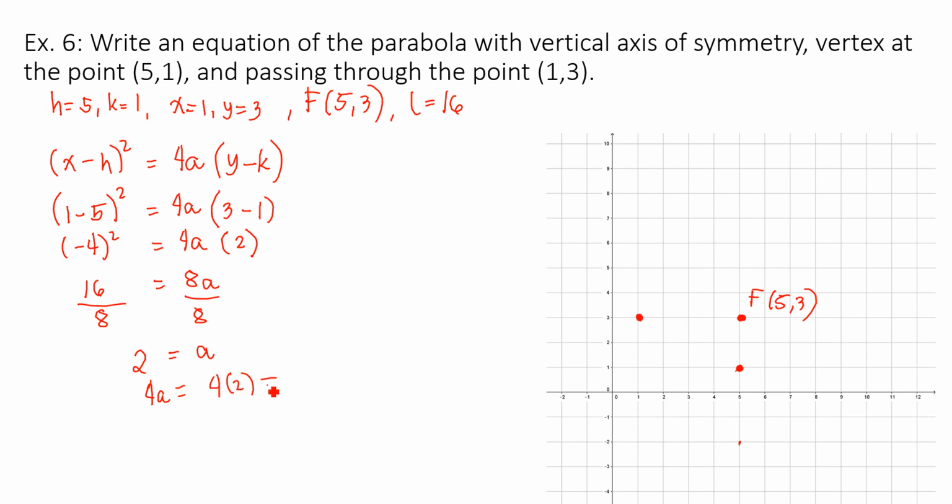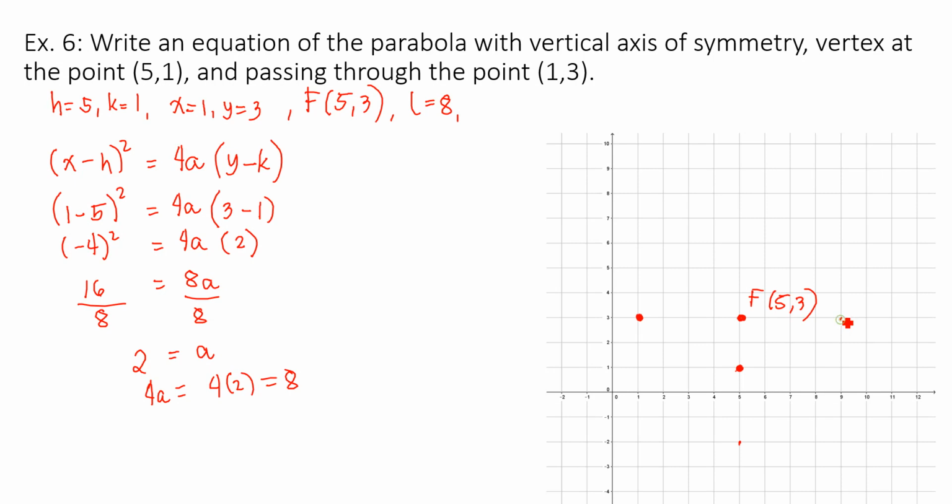Therefore, our length of the latus rectum must be 8. Because it is 8, we could have 8 divided by 2 is 4. So from the focus, let's have 4 units to the left and to the right. So 1, 2, 3, 4 and 1, 2, 3, 4.